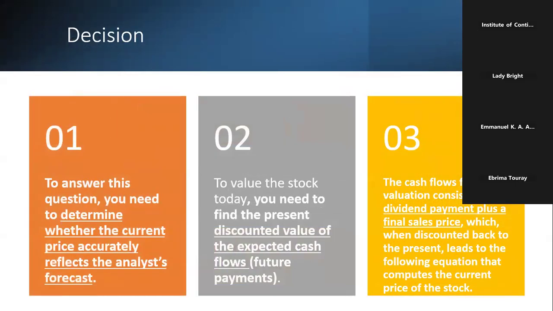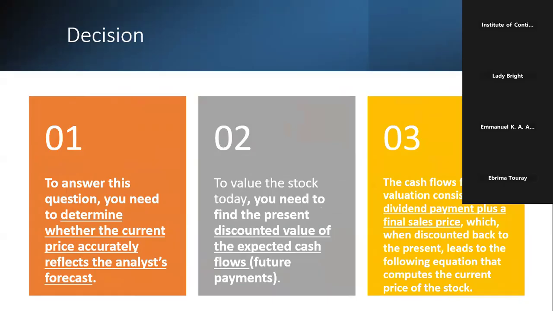That is where our question comes in. To answer this question, we need to determine whether the current price actually reflects the analyst forecasts. Two, we need to find the present discounted value of the expected cash flows.